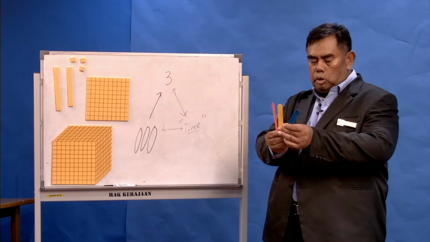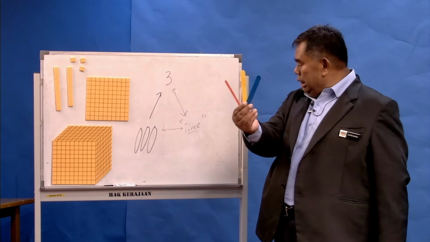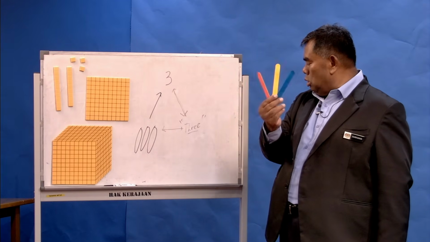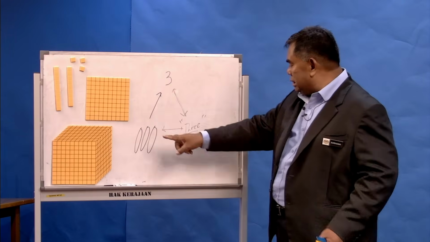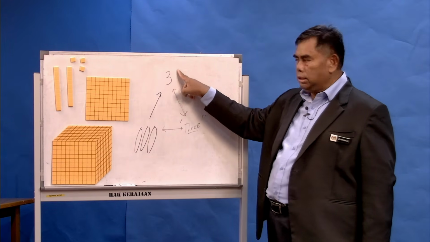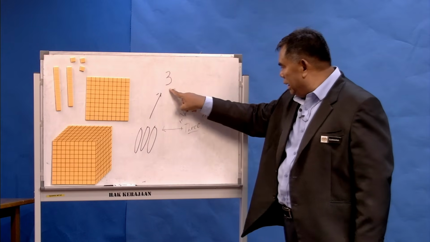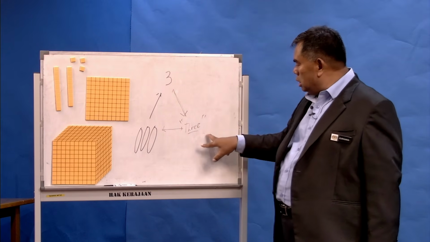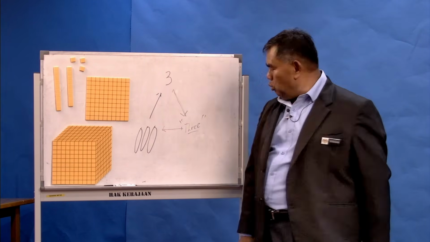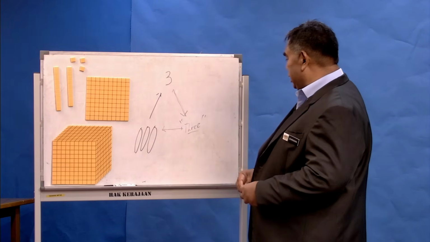I can show our children 3 ice cream sticks as a concrete material or object, and this can be written as the 3 as a symbol. So this means the number we can represent in 3 ways.